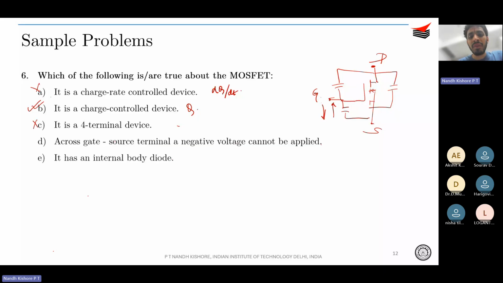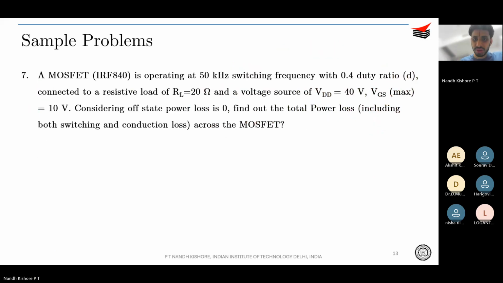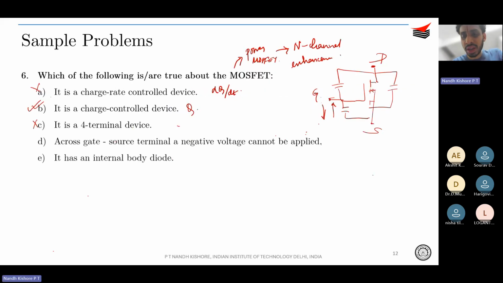First of all, we will assume that we are talking about power MOSFETs, right? Just to avoid ambiguities. Power MOSFET typically means an N channel enhancement mode MOSFET. So obviously your V threshold is positive.